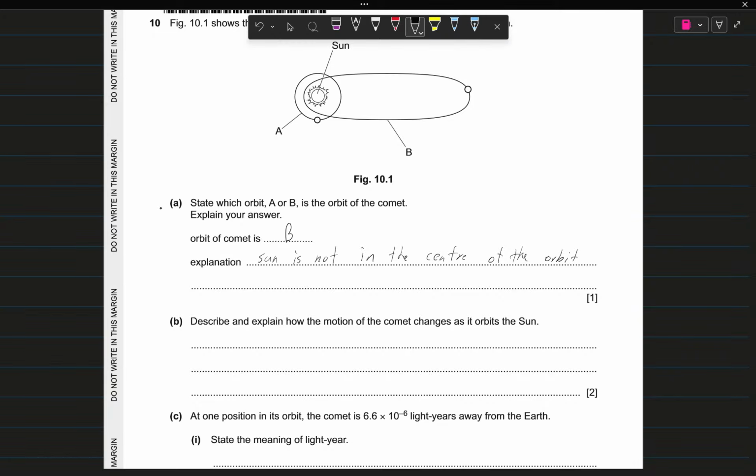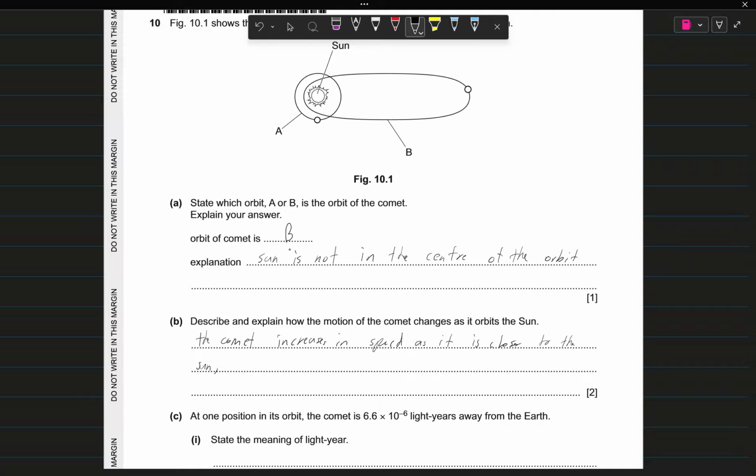The way we will say it in scientific terms is: essentially, the comet increases in speed as it is closer to the sun, and then we explain why this happens.